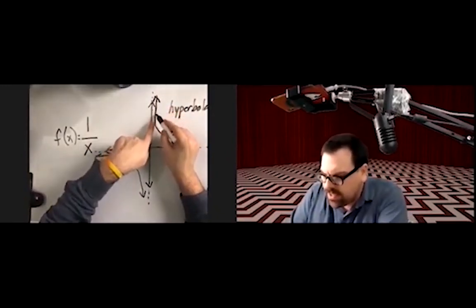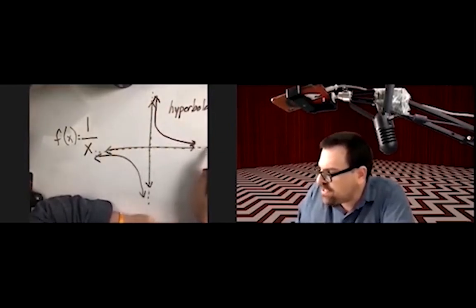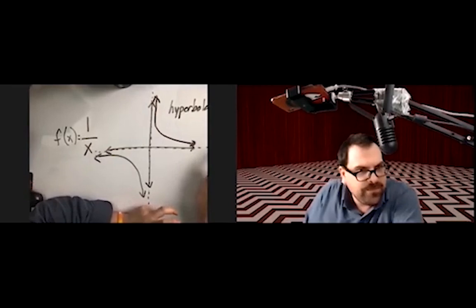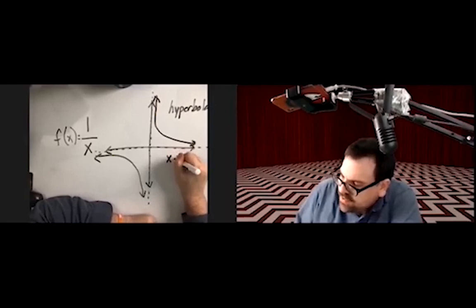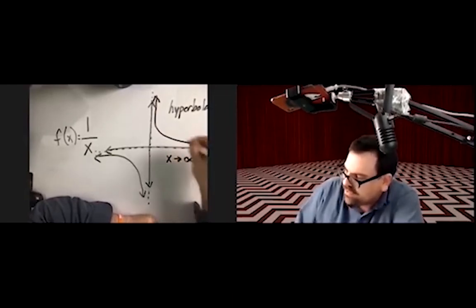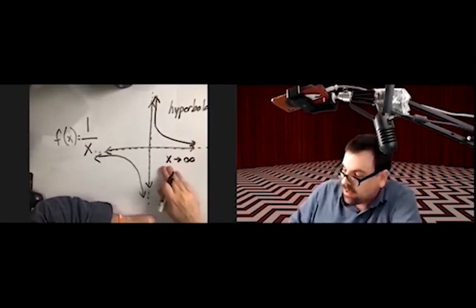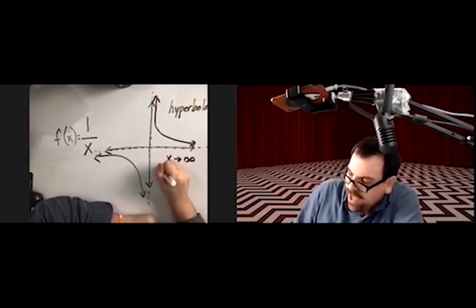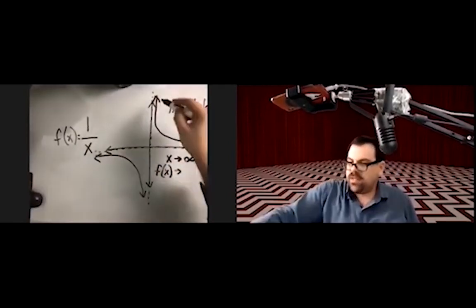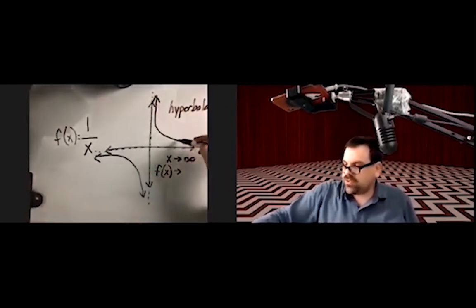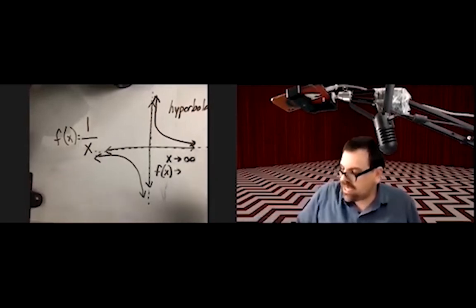And we can see as this graph moves out this way, it gets closer and closer and closer to the x-axis, but it's never going to touch it. In other words, as x approaches positive infinity, y, or f of x, approaches what? As x gets closer and closer and closer to infinity, we get closer and closer and closer to the x-axis.